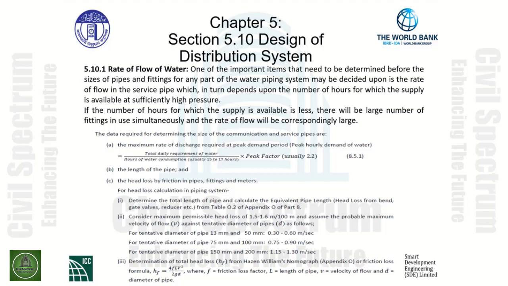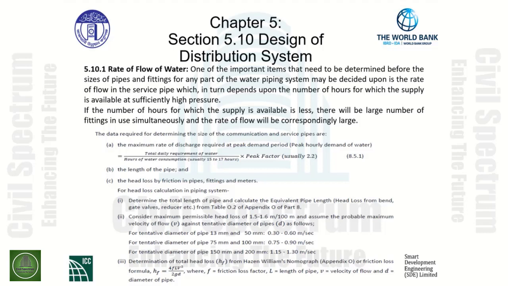A requirement in this part of the code indicates that one of the important items that need to be determined before the size of pipes and fittings for any part of the water piping system may be decided upon is the rate of flow in the service pipe, which in turn depends upon the number of hours for which the supply is available at sufficiently high pressure.